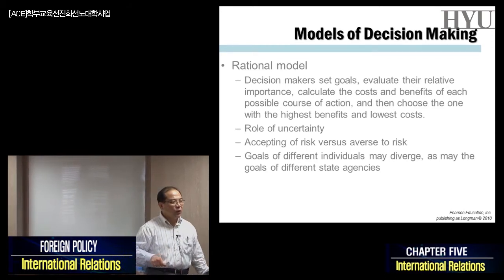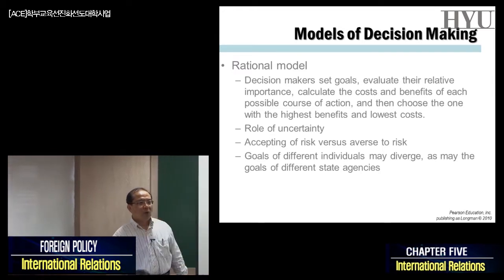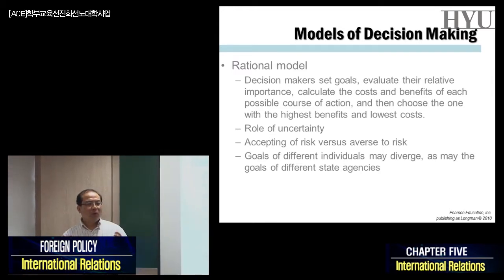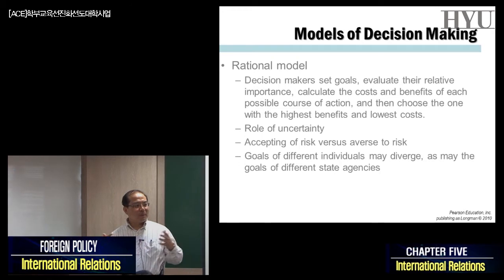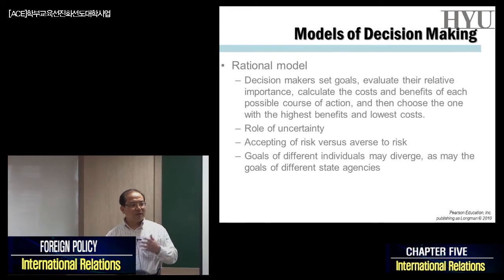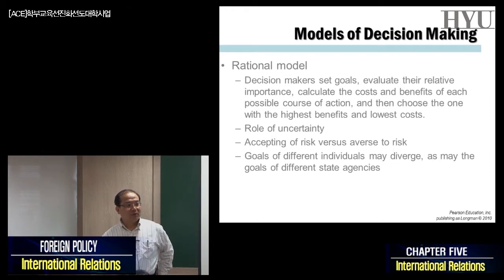His foreign policy used to be looked at from psychoanalytic approaches. What is it like? How could we explain President Clinton's foreign policy from psychoanalytic approaches?